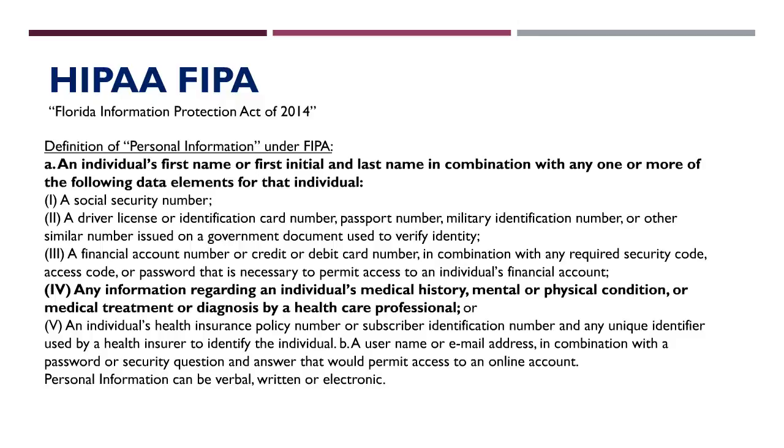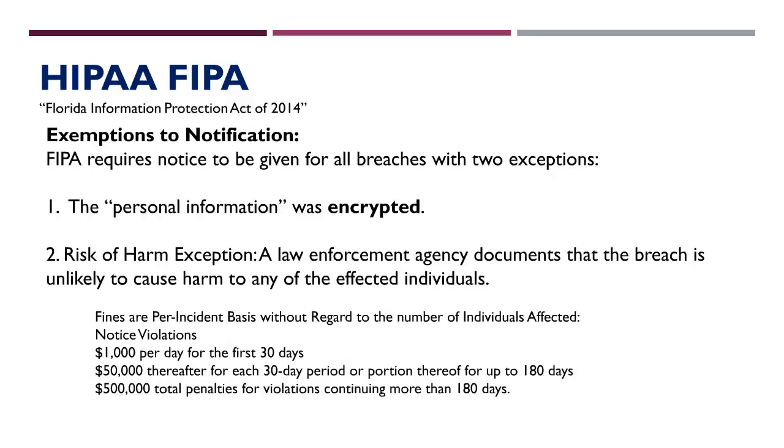If you are in the state of Florida, we also have a Florida rule called FIPA, the Florida Information Protection Act. It is more stringent than HIPAA and therefore must be followed. Those 3 exemptions that HIPAA gives are not allowed under the FIPA law. So the only FIPA exemptions are if the personal information was encrypted and if law enforcement documents that there is no risk of harm to the patient.